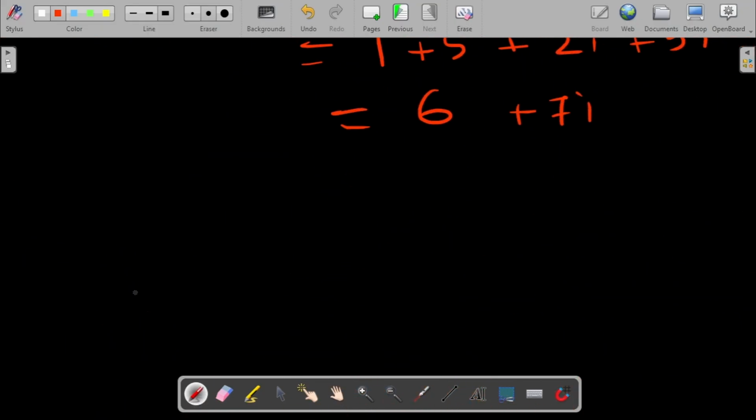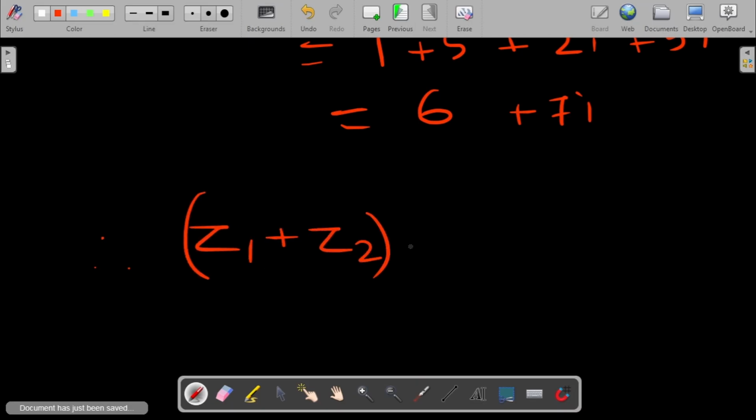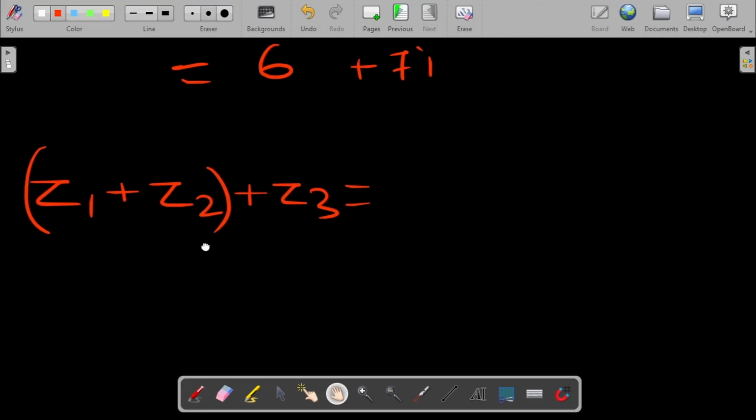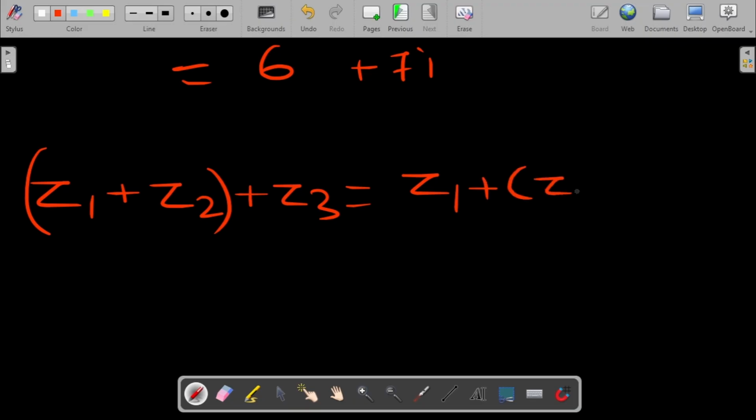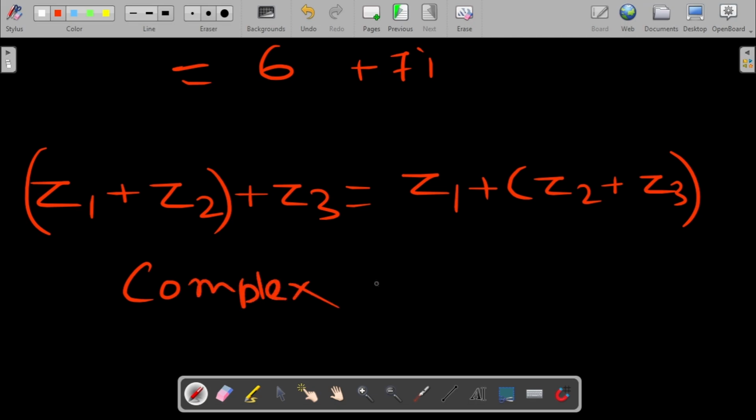Since Z1 plus Z2 plus Z3 equals Z1 plus Z2 plus Z3, complex number addition is associative.